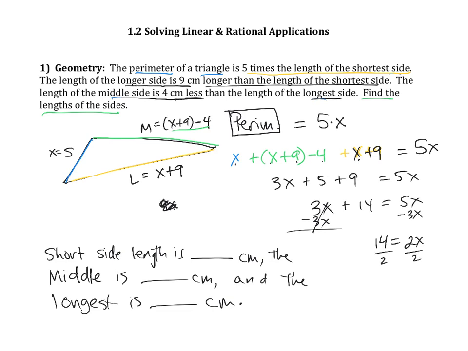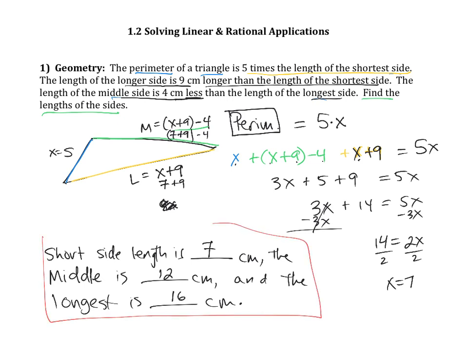Dividing through by 2 gives us x equals 7. And that was our shortest side, so I'm ready to fill that information into my answer. Our middle side was x, which is 7 plus 9, so that'd be 16, minus 4, there's 12. And our longest side is x, which is 7 plus 9, so that is 16 centimeters.